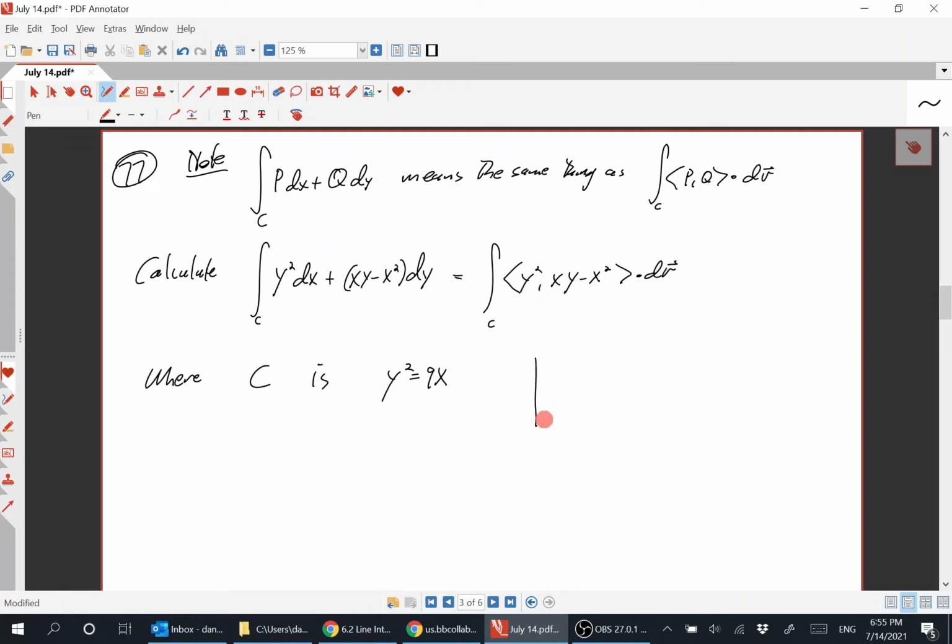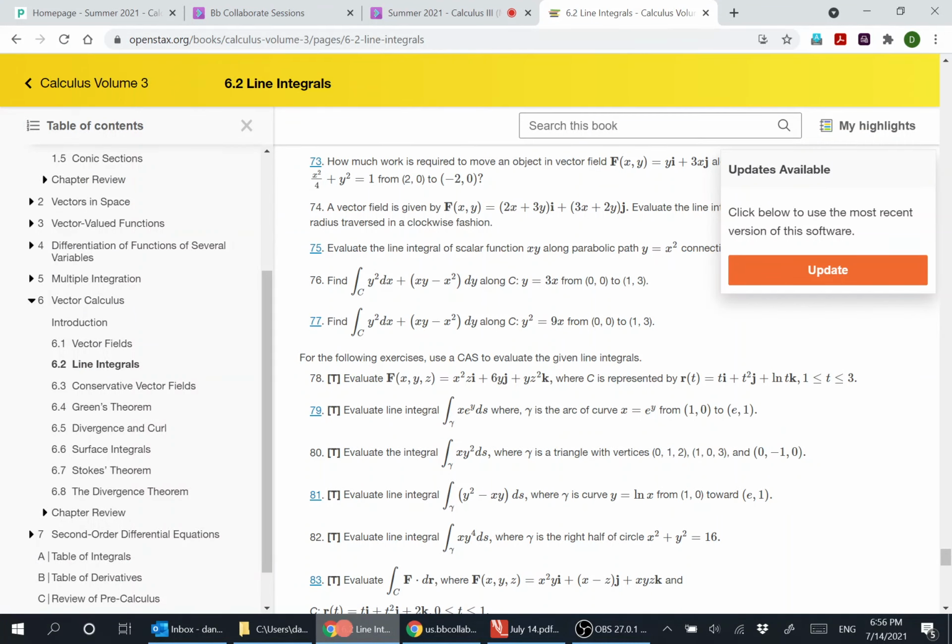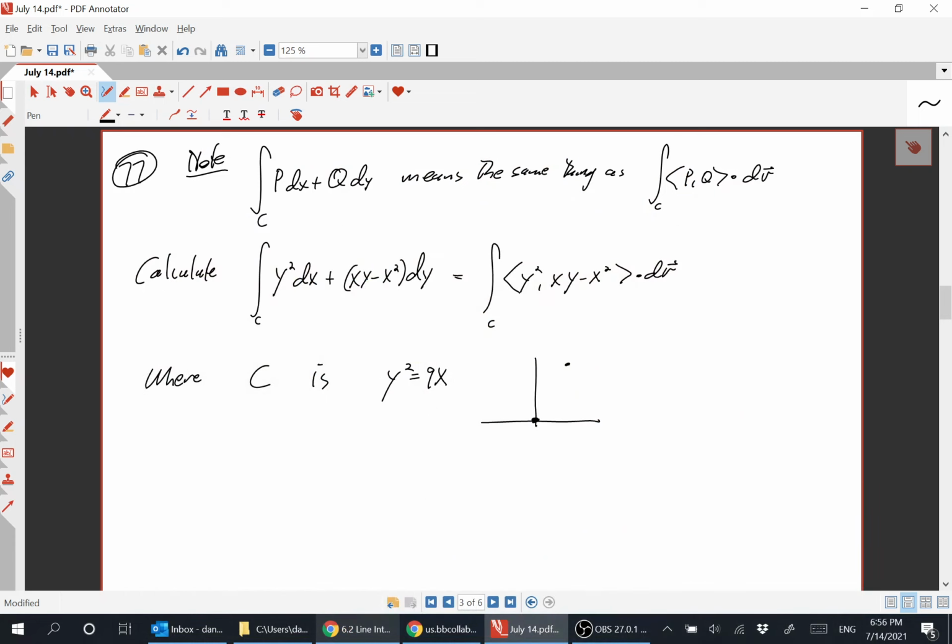So from 0, 0 to 1, 3. Y squared equals 9x from 0, 0. Right, so x is equal to 1. If x is equal to 1, y squared equals 9x, 1, 3.